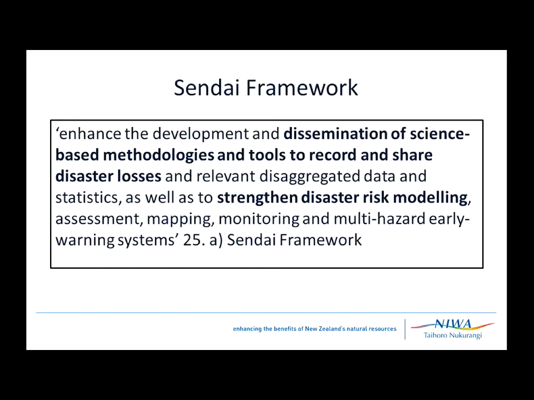But it specifically talks about disaster risk modelling, which is interesting because if you look at the predecessor, the Hyogo framework for action, it doesn't go into this sort of technical language. It doesn't go into this sort of detail. So we're really starting to see a strong science-based element coming into these international policies, which is good for science.